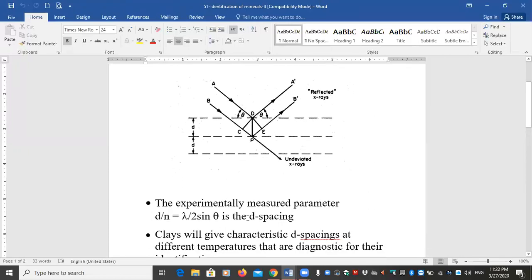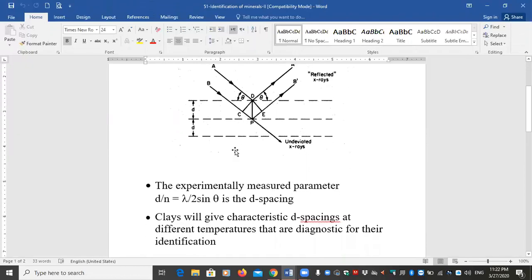So the experimentally measured parameter d over n, forget the n, it means we have 1, 2, 3. This indicates which surface we are talking about, the n1 surface, n2, whatever. So don't worry about it. For this course, think of d over n as 1.